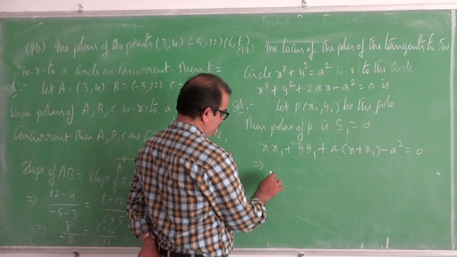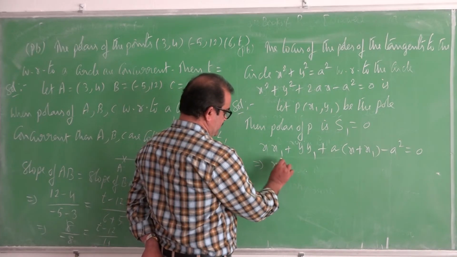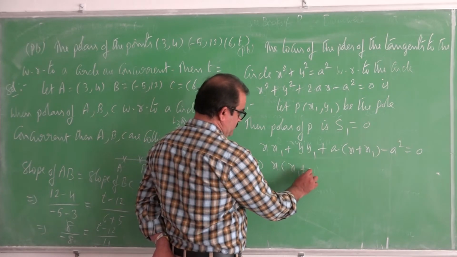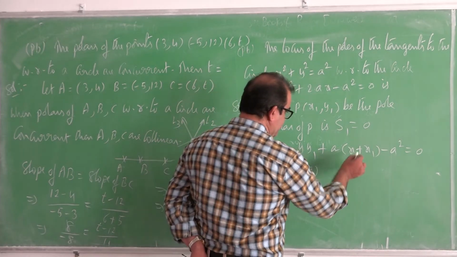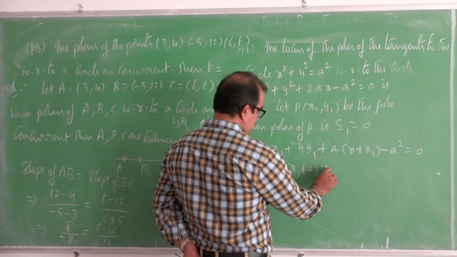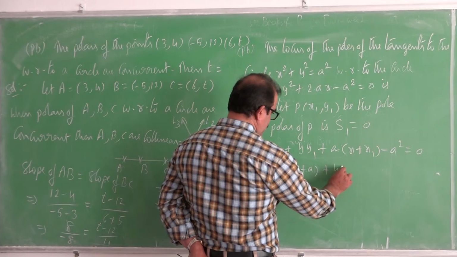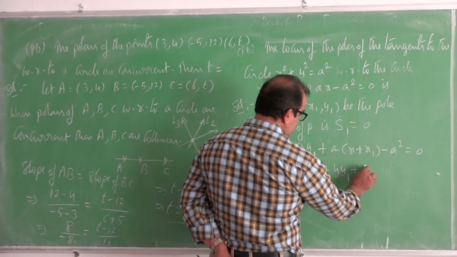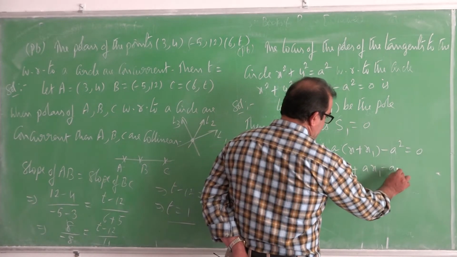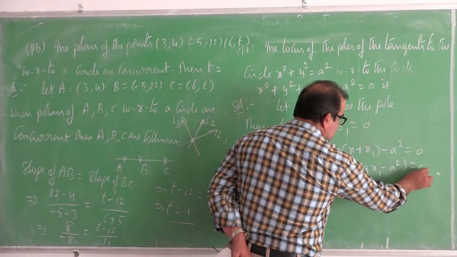This is x into, take x common, (x1 plus a), plus y into y1, plus a x1 minus a square is equal to 0.